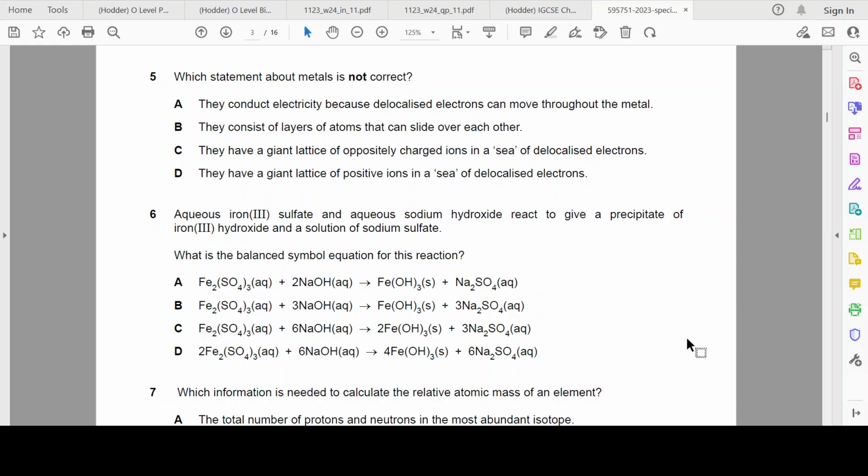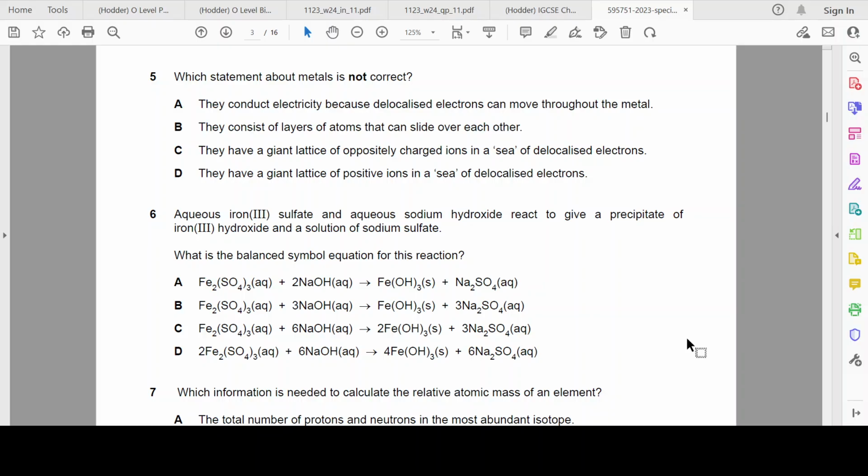Some metals are soft, but properties of metals include being malleable, which means they can be made into sheets, which means they have layers of atoms that can slide over each other. That's why you can make sheets out of them. Not just sheets, but different shapes. They can be hammered into shape. So B is also true.